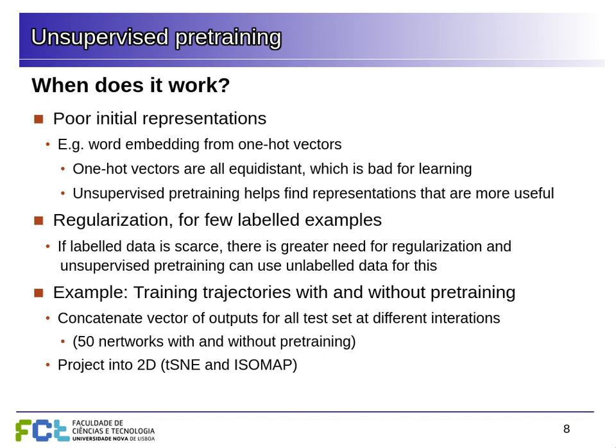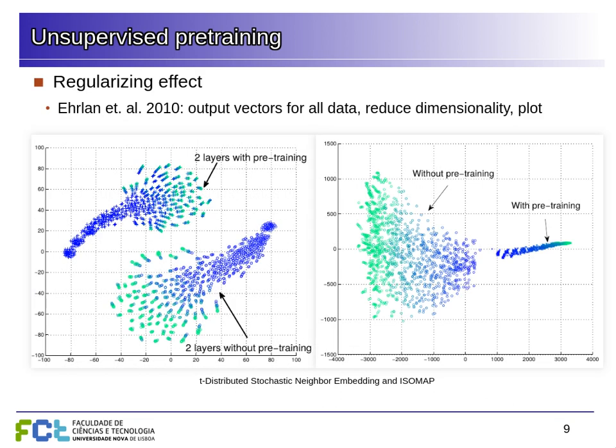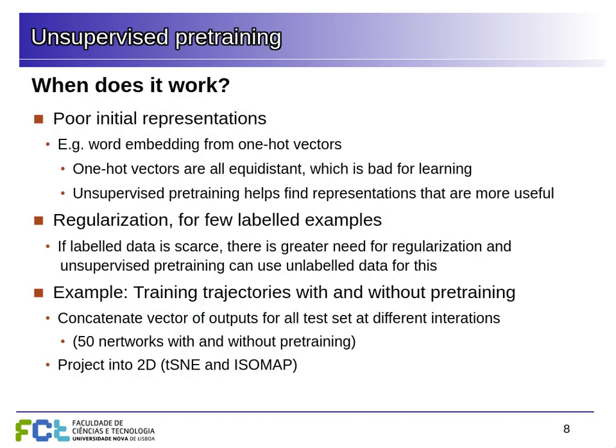And this was a paper with an exhaustive examination of what happens with and without pre-training. What they did was, for the complete test set, they concatenated the vectors of activations of the network.